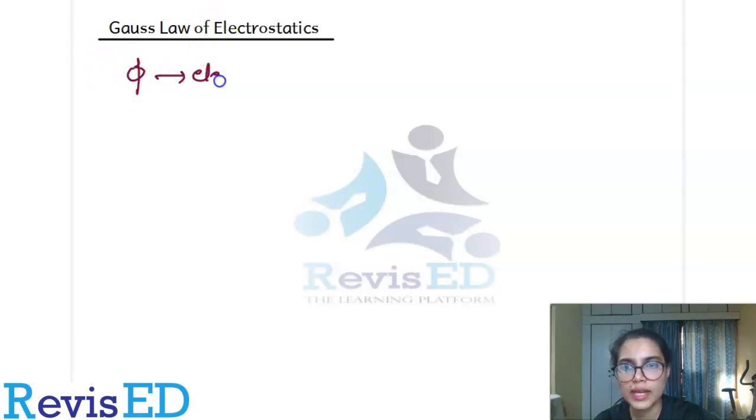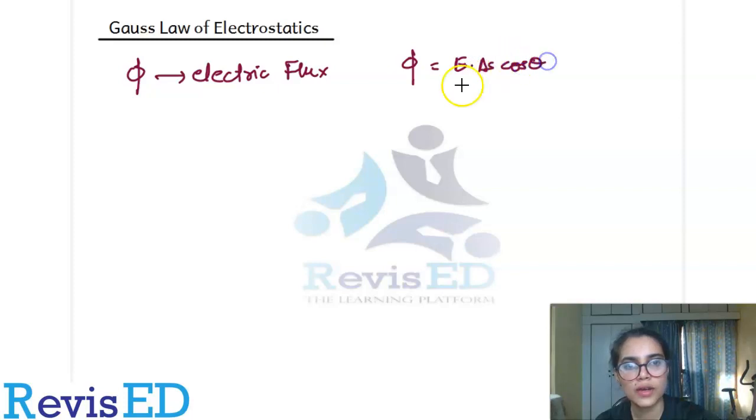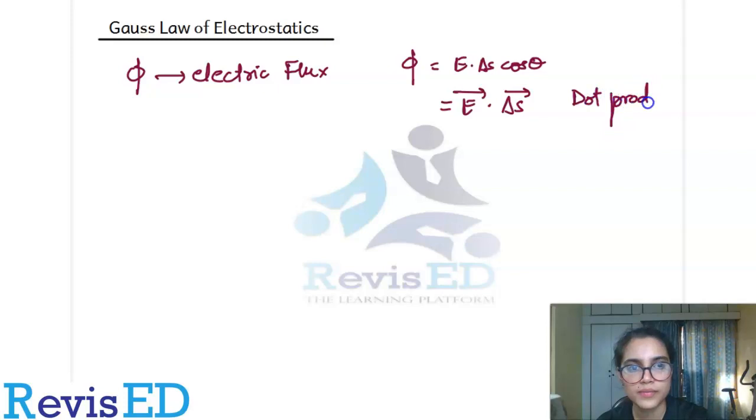It was the electric flux, represented by phi equal to E delta S cos theta, or E dot delta S, meaning it is a dot product. So we have read about this thing.